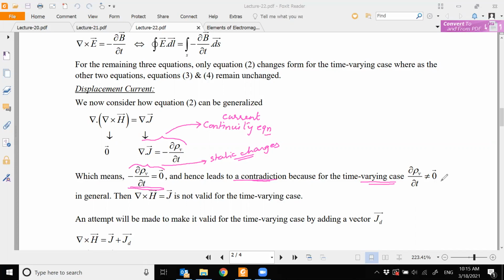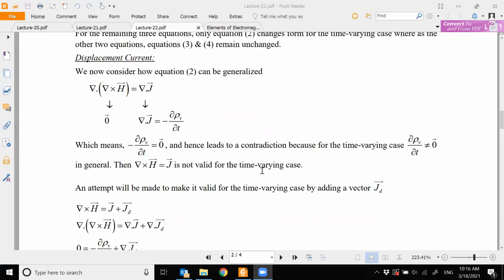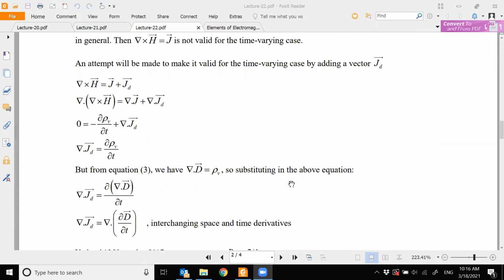And that's why we need to correct or generalize this Ampere's law. Now, how are we generalizing it? We are making an attempt. Because of this contradiction, del cross H is equal to J bar will not be valid for the time varying case, because it contradicts the current continuity equation.